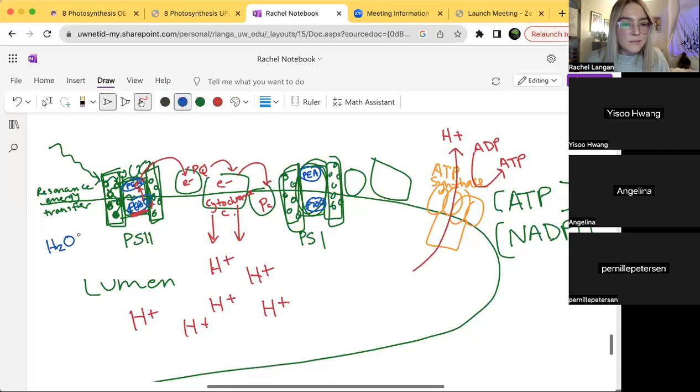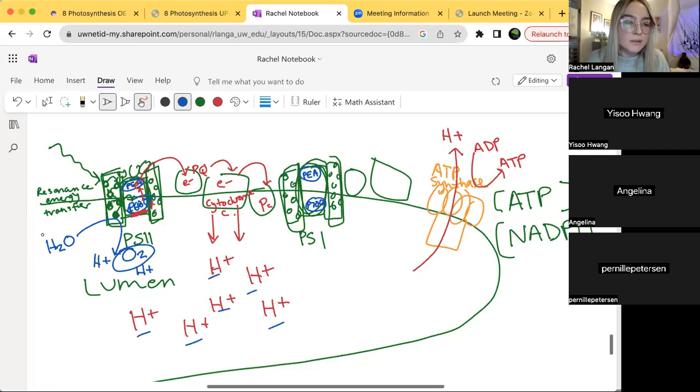So water gets split by an enzyme in photosystem 2 into hydrogen ions and oxygen gas. And that oxygen gas leaves as waste, and animals use it to breathe. And the hydrogen ions actually help contribute to the high hydrogen concentration inside the lumen.